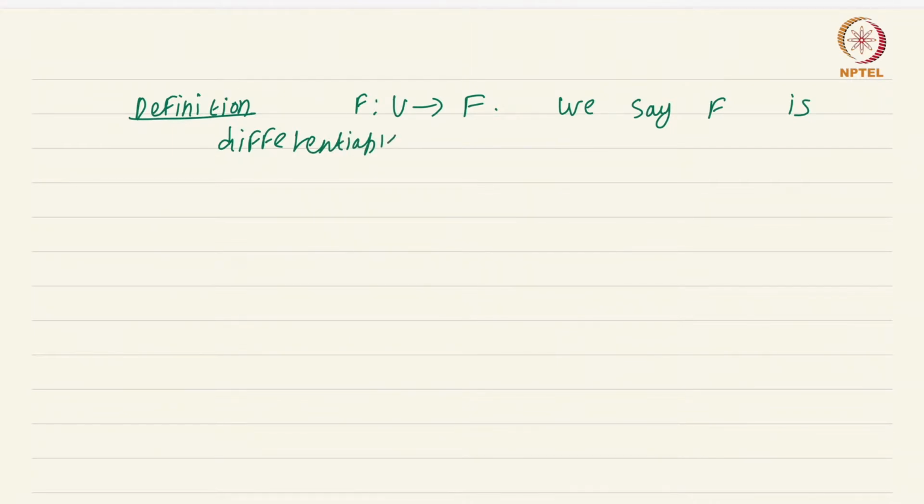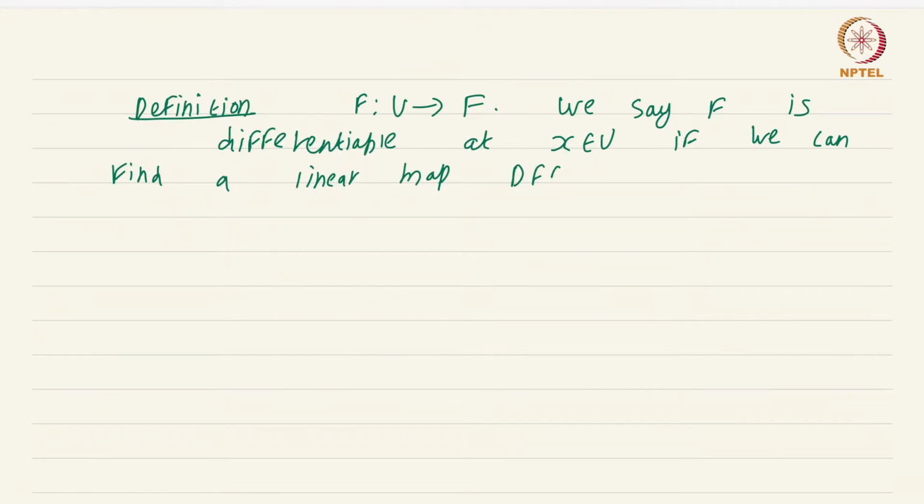So this is the definition. As usual, f is from U to F. We say f is differentiable at the point x in U if we can find a linear map, which I am going to denote by dfx, from E to F such that you can approximate f in a nice way using this linear map.